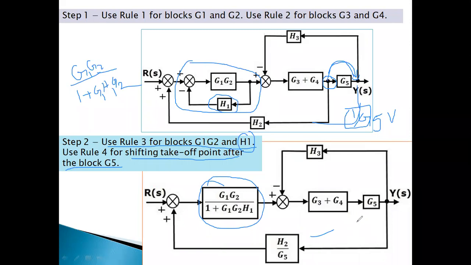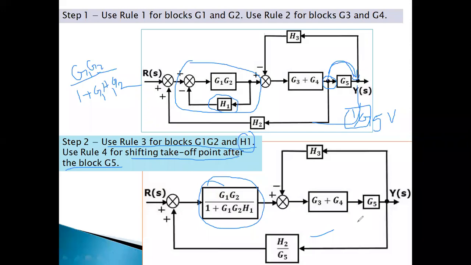If you have any doubts, you can raise them immediately. First step, if we have any series connection, reduce them. Second step, if there are any parallel connections, reduce them.